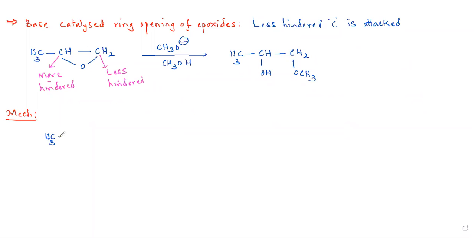Coming to the mechanism, see this methoxide ion attacks the less hindered carbon in an SN2 manner.